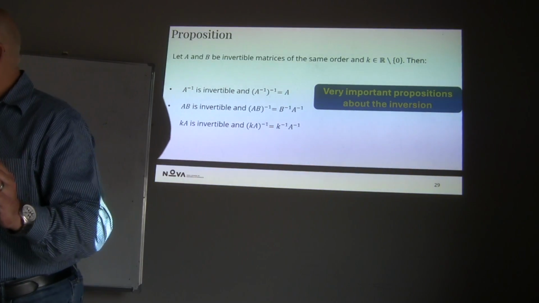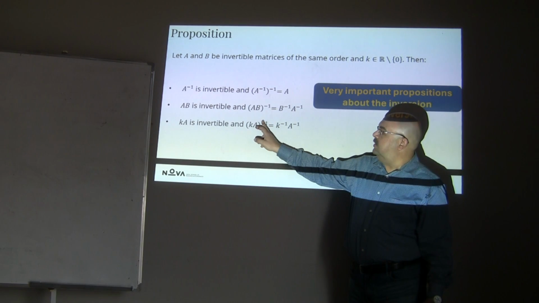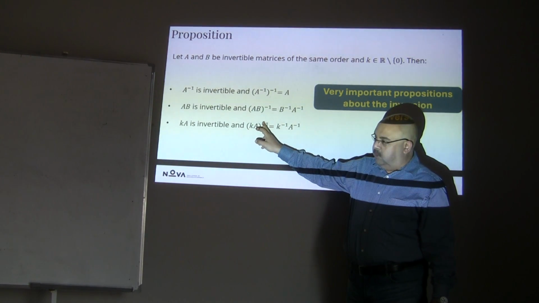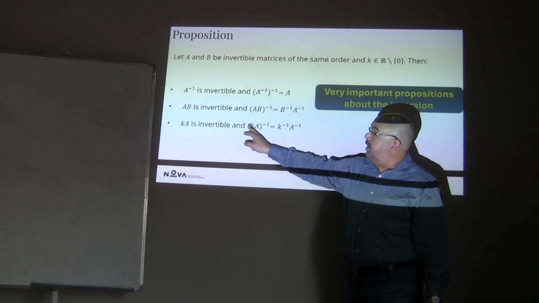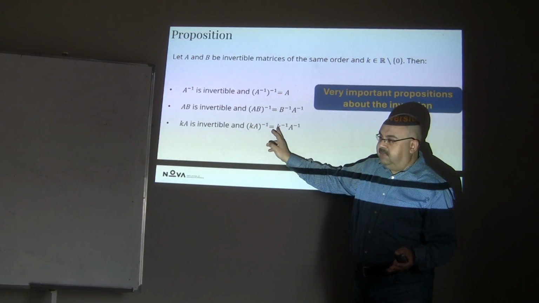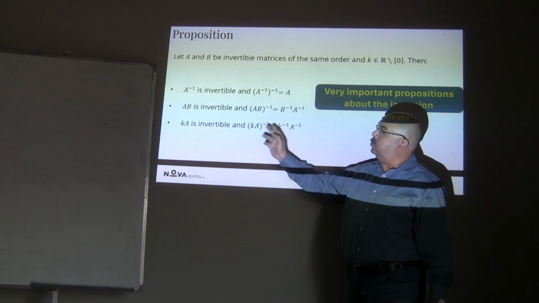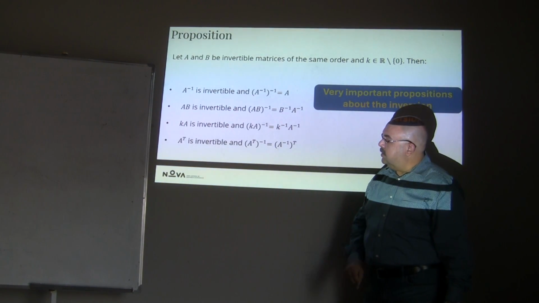Okay? So if you have KA to the power of negative 1, then you will have to get the inverse of K. So if K is equal to 2, it's going to be a half. Then you will have to get the inverse of A and multiply them together. They will be equal to each other.